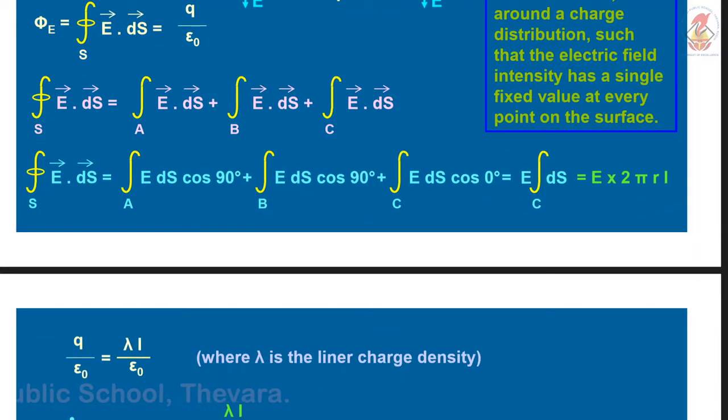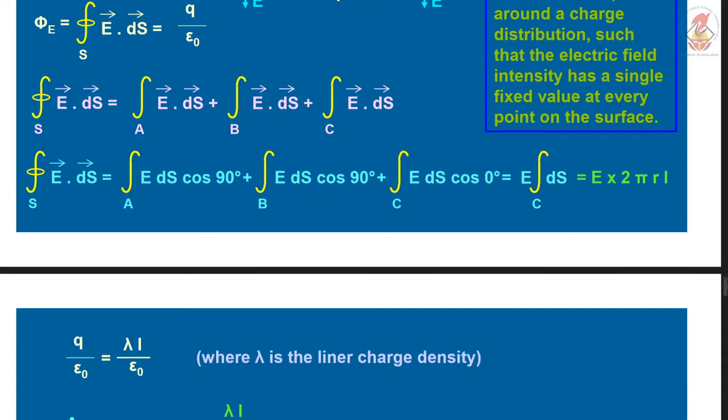So I have written like this: integral E ds cos 90 plus integral E ds cos 90 plus integral E ds cos 0. The first two terms, the answer will be 0 as cos 90 is 0, and only the third term prevails.